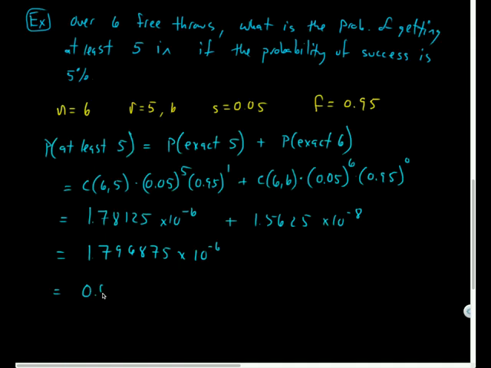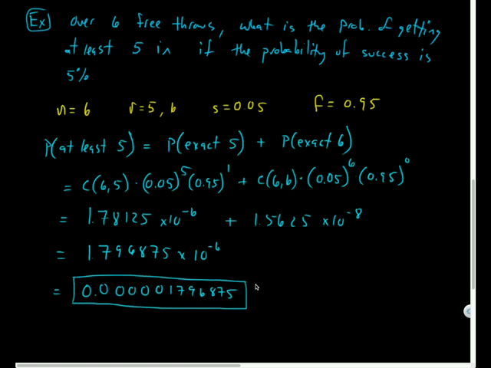So 0, 1, 2, 3, 4, 5, 6. 6 zeros if I include the 1 before or to the left of the decimal point. And then 1796875. So yeah, I would be very unlikely to be able to get at least 5 free throws in.